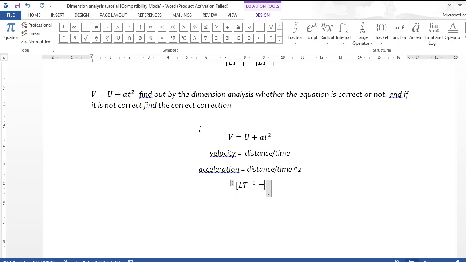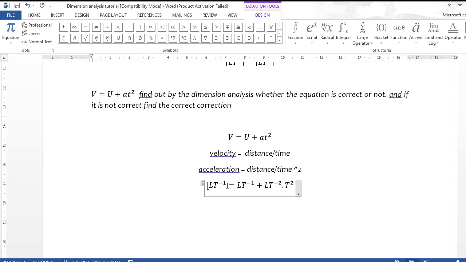That's the final velocity. For the initial velocity, the formula will not change. The formula will be the same, L t to the power negative 1, plus the acceleration. We discussed the dimension of acceleration as L t to the power negative 2, and we multiply with the dimensions for time, which is t to the power 2.